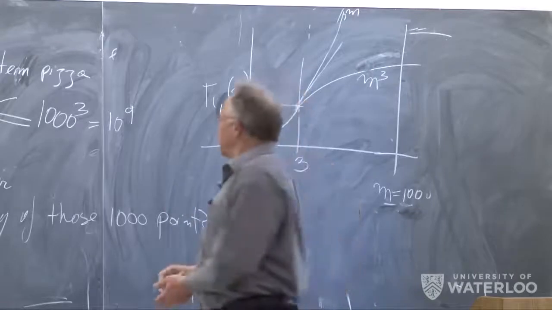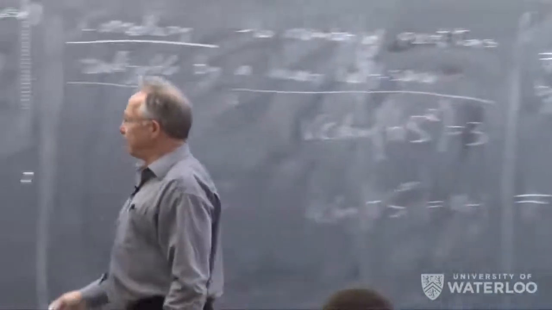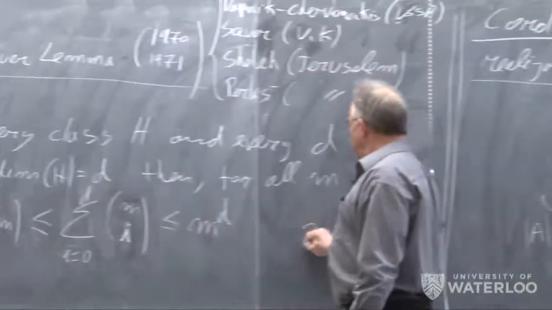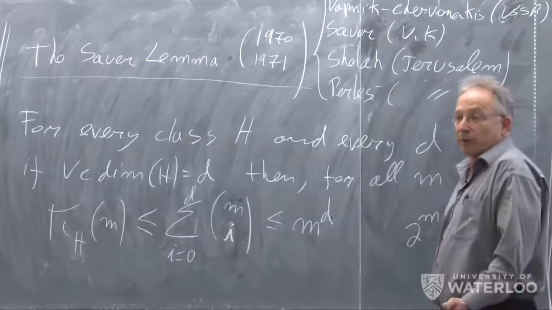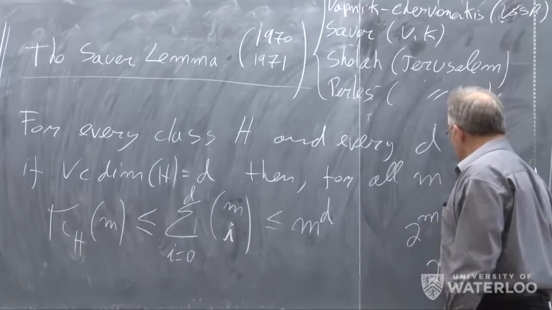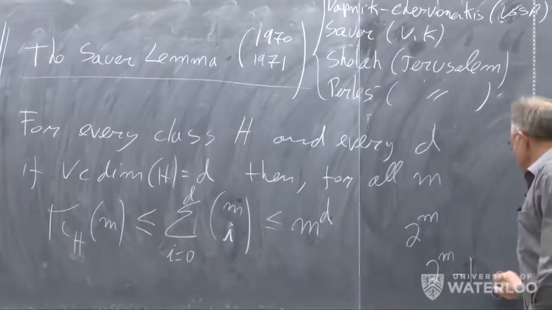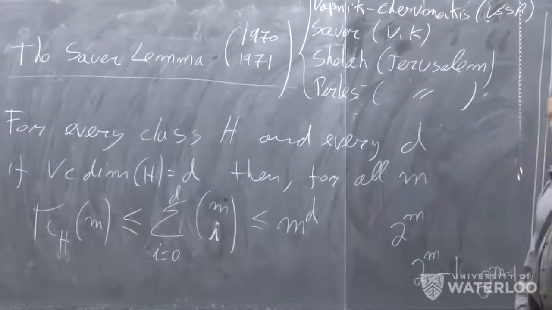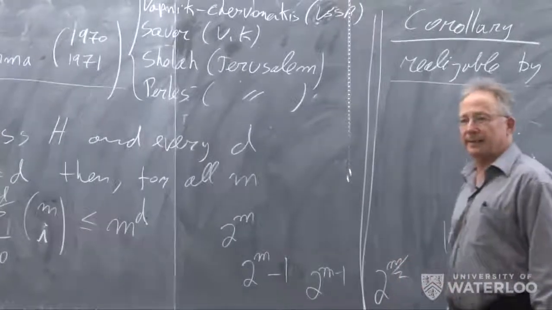One could think initially that if you don't shatter, maybe all you get is 2 to the m minus 1, or maybe 2 to the m over 2 subsets.